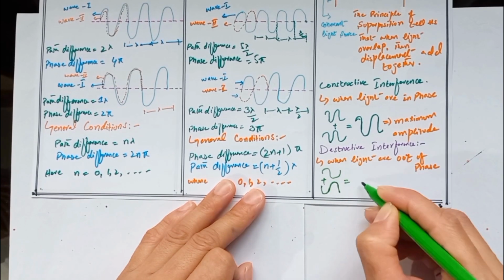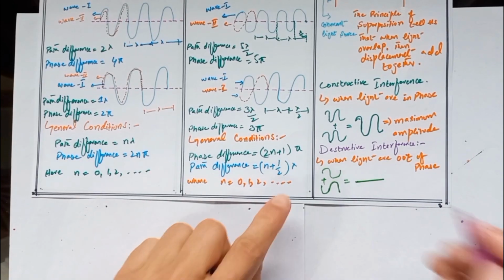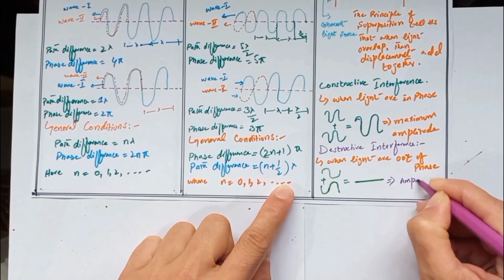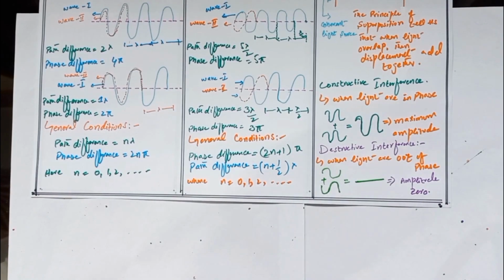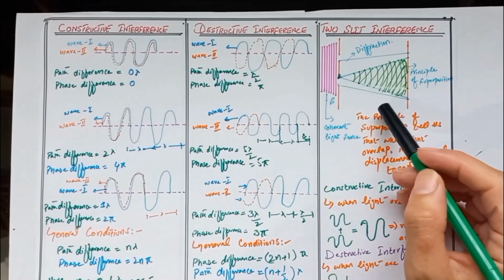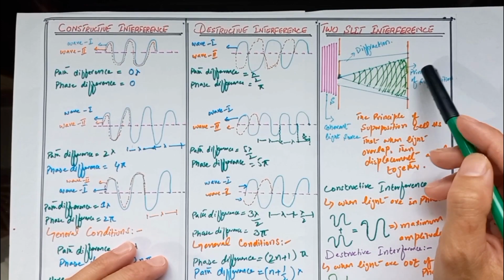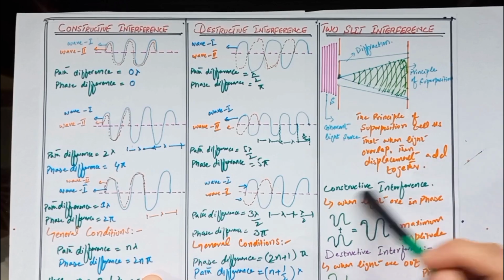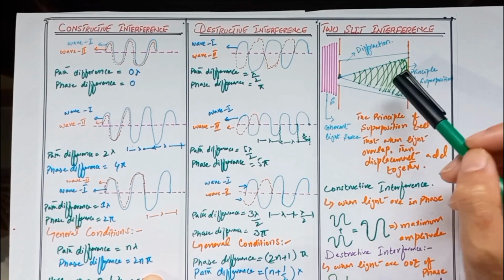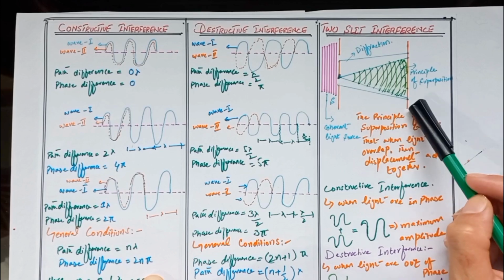When we add them together, we get no wave, so the amplitude is 0. This process is called destructive interference. In constructive interference we get the maximum amplitude, and in destructive interference we get the minimum amplitude, which means the amplitude is 0.